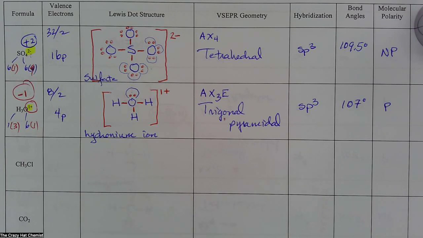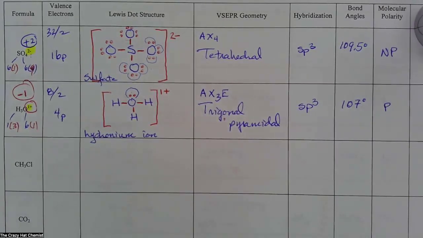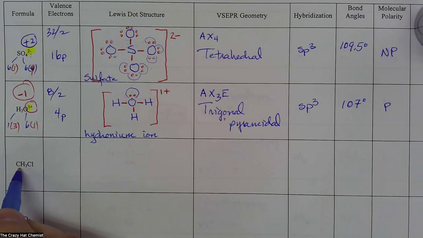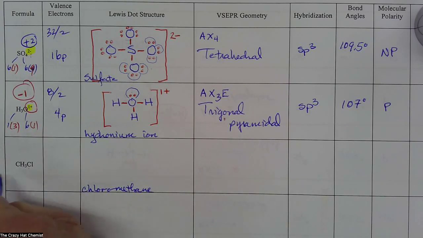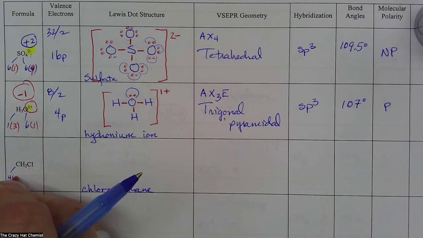Let's see if we can do the next one here. Okay, all right, so let's continue. The next one is chloromethane. So we've got carbon that has 4 valence electrons, there's one of those.